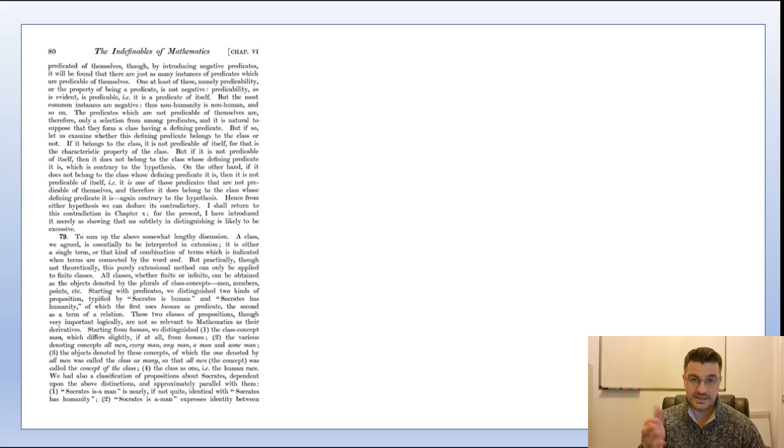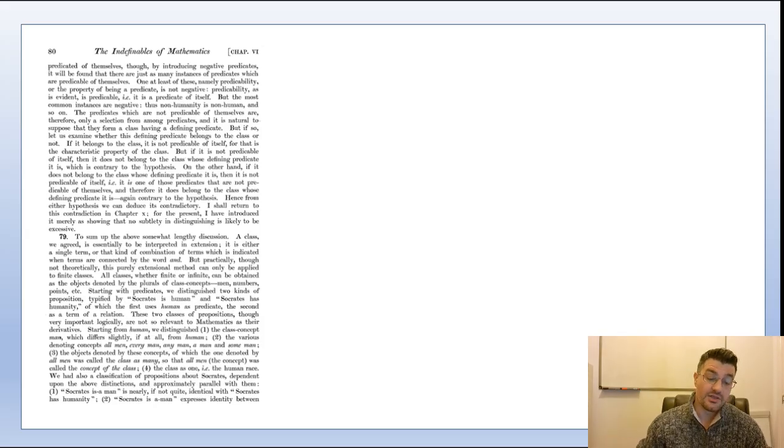So A and B. So if we have something like A and A, we understand this as a meaningless expression. Okay. So the word and doesn't enter into the meaning of a class, but it does play a role in the case where we have more than one term in the class.